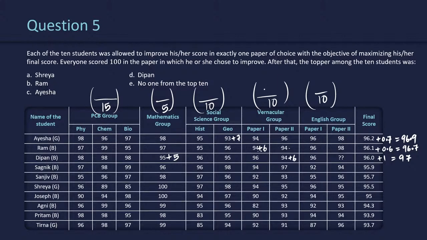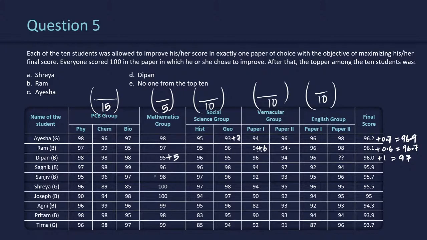So because of 6, his overall change will be of only 0.6. So this is not a smart move by Dipan if he decides कि paper 2 of vernacular को बढ़ाए. He should actually increase mathematics में 5 number ताकि overall change 1 का दिखे final score में.